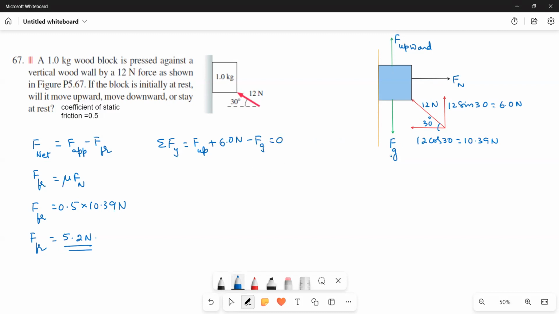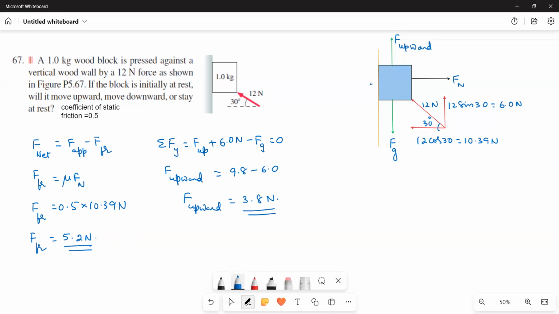Fg is equal to 9.8. Therefore, F upward is equal to, because the object is in static equilibrium, Fg, 9.8, minus 6. So F upward is equal to 3.8 newtons.